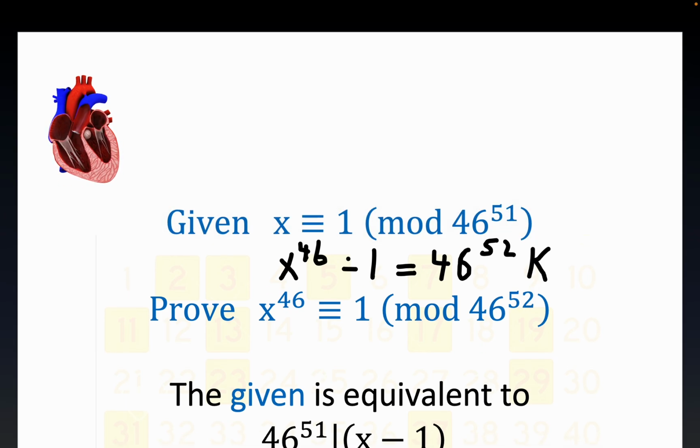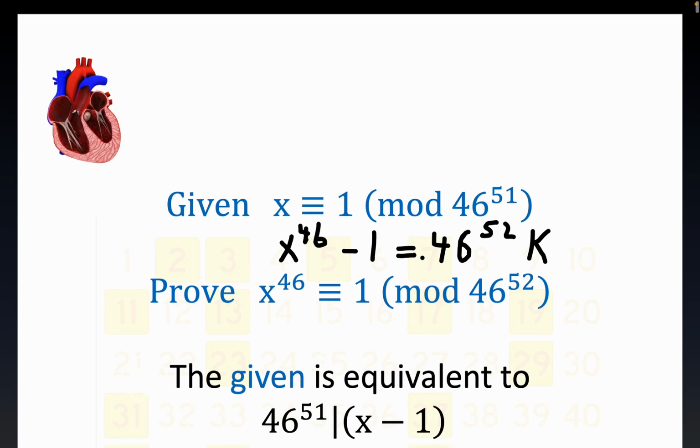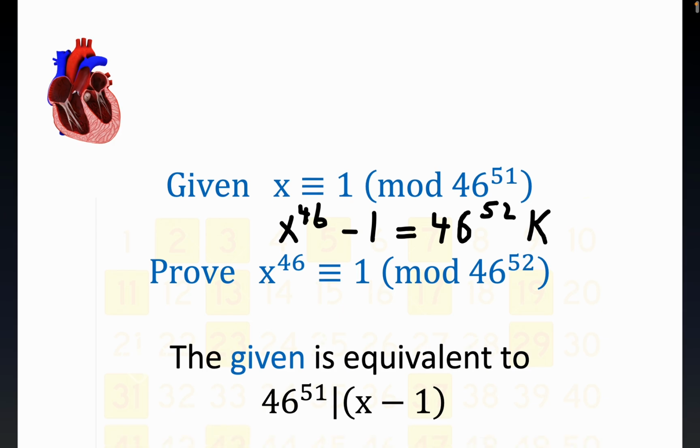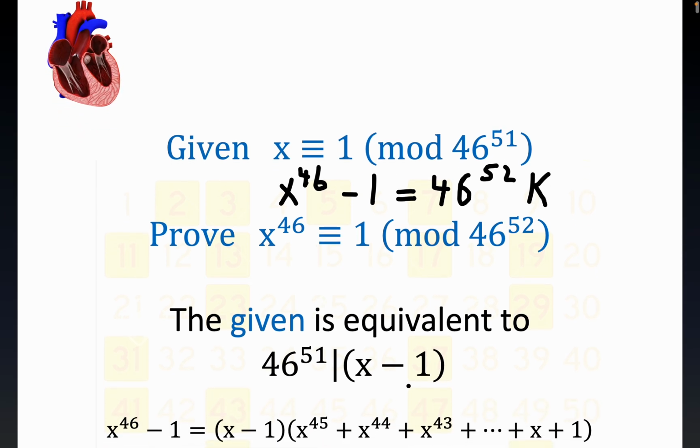But if we can reach a statement like this, we'll be done with the problem. I'm mixing the congruence notation with the divides notation with the straight factored form notation. Now, the given is equivalent to this: 46 to the 51st divides x minus 1. This divides is just another way to write this, just like this is another way to write this.